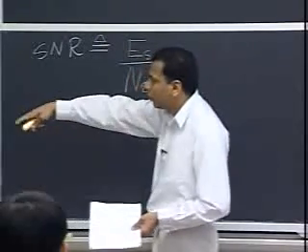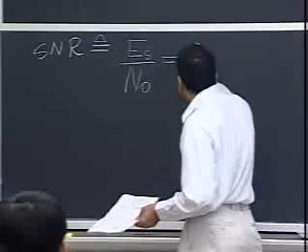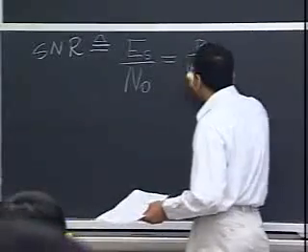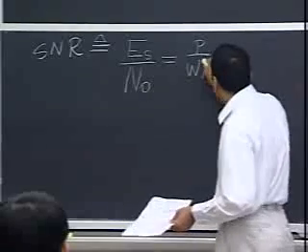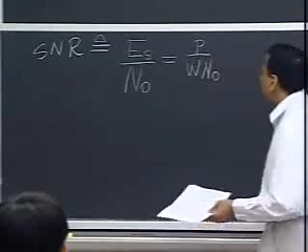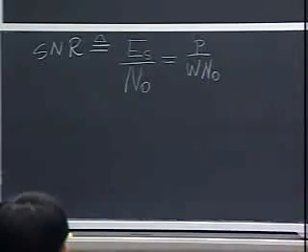E_S is 2PT, or equivalently P over W. The noise variance per 2 dimensions is N0. So the definition is the same as saying SNR equals P over N0 W. Okay. Are there any questions?